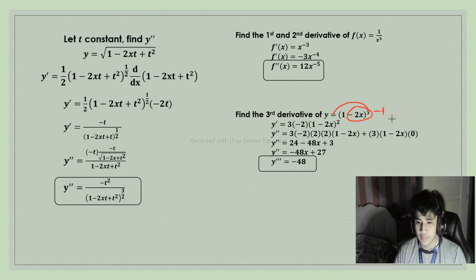Hanapin natin derivative niyan, which is negative 2. So, negative 2, then ito na yon. Yan na. Product rule na lang ulit. Pwede natin lagyan ng 3 ulit dito sa pagitan.